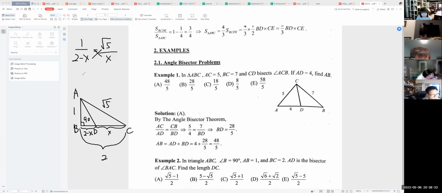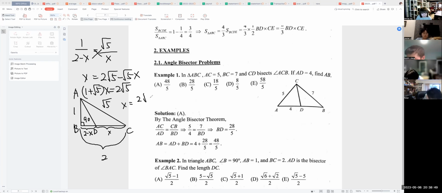So you times them. So x equals 2 square root 5 minus square root 5x. So 1 plus square root 5x equals 2 square root 5. Correct? Am I right? So x equals 2 square root 5 over 1 plus square root 5.